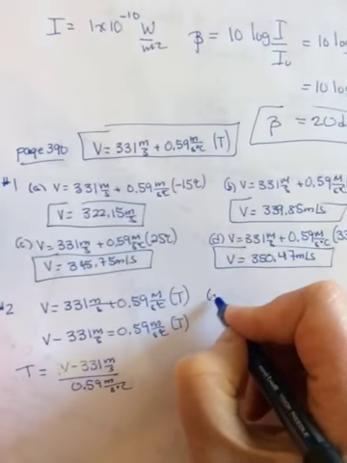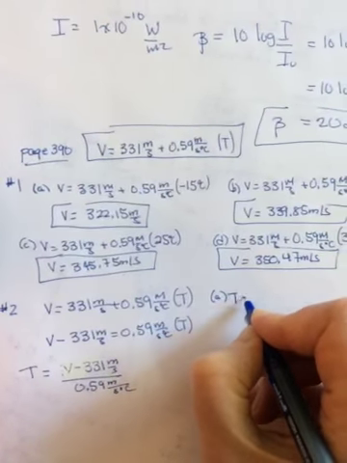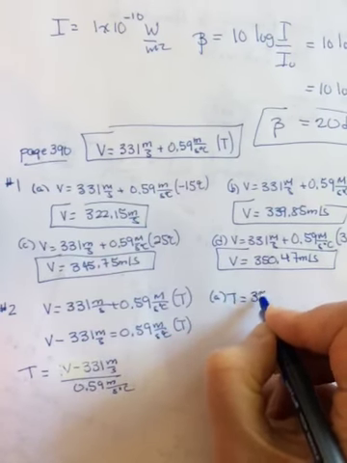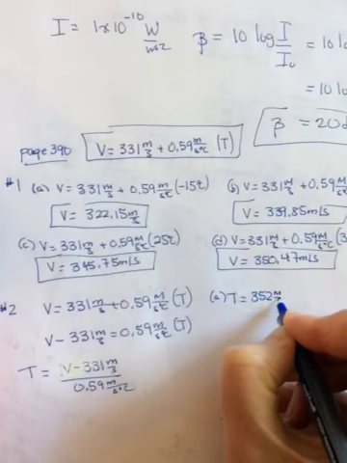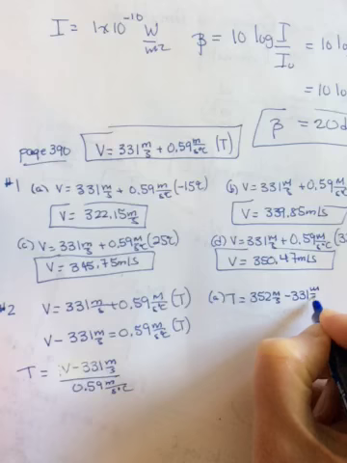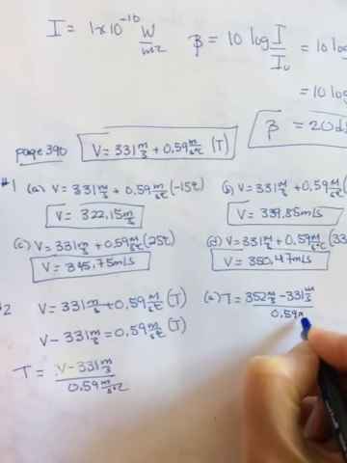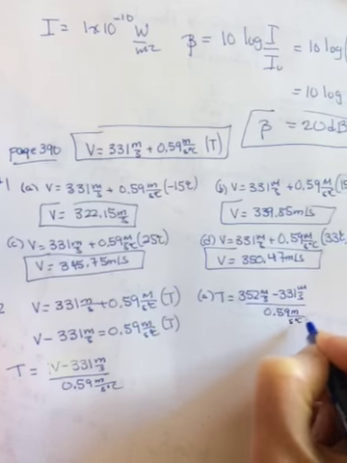Okay? So in A, it tells us the speed is 352. So T equals 352 meters per second minus 331 meters per second over 0.59 meters per second degrees Celsius.